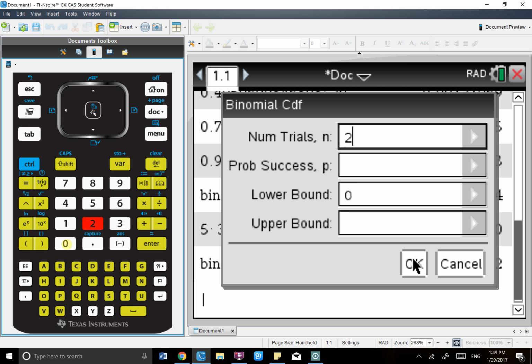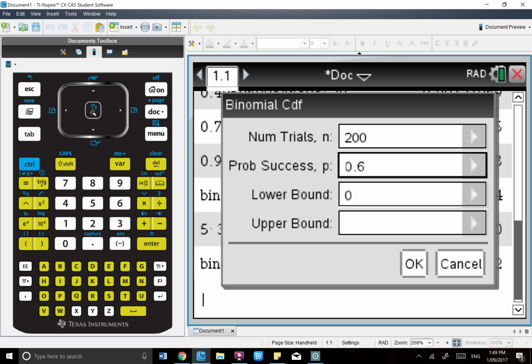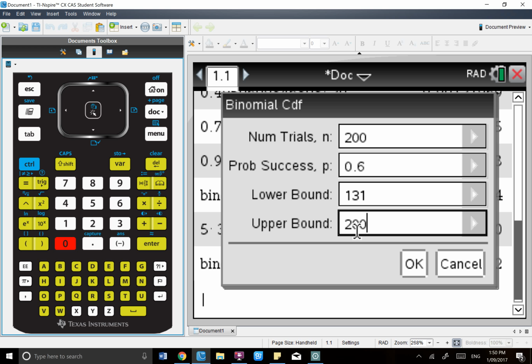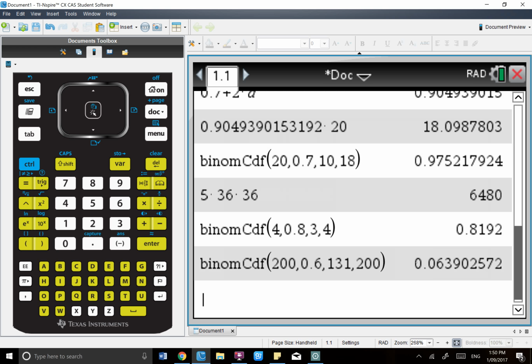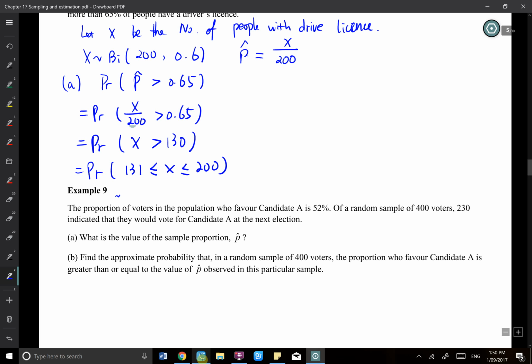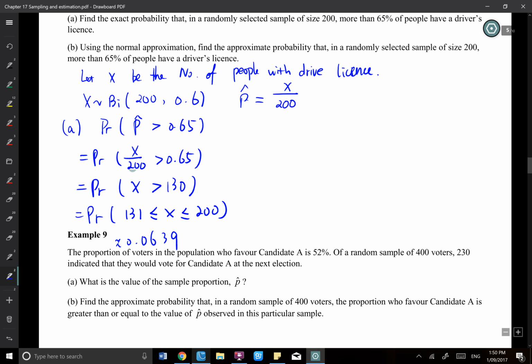I have 200, I have 0.6, not 0.65, and 131 and 200. The answer is 0.0639. This is the exact probability.